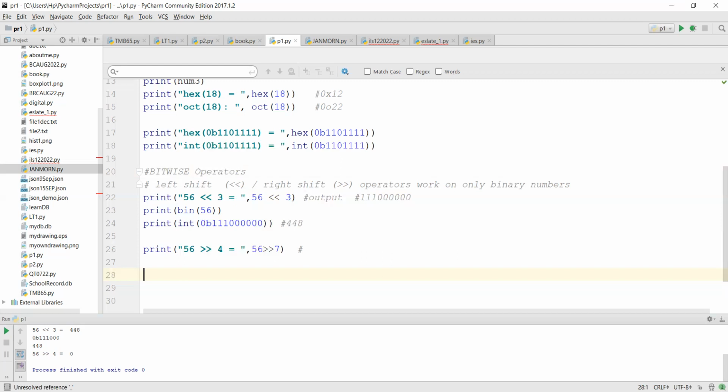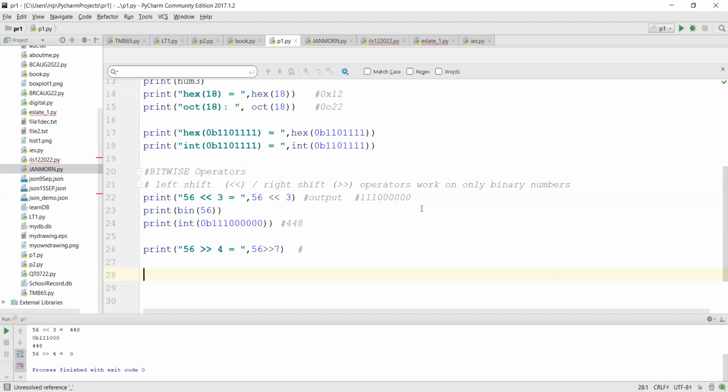So when you say 1 byte, it can store 1 character. 1 kilobyte is 1024 bytes, and 1024 into 1024 is a megabyte. Into 1024 becomes your gigabyte. So that's how the counting goes. It's called bitwise because we work on a bit, one single character in the binary number system.